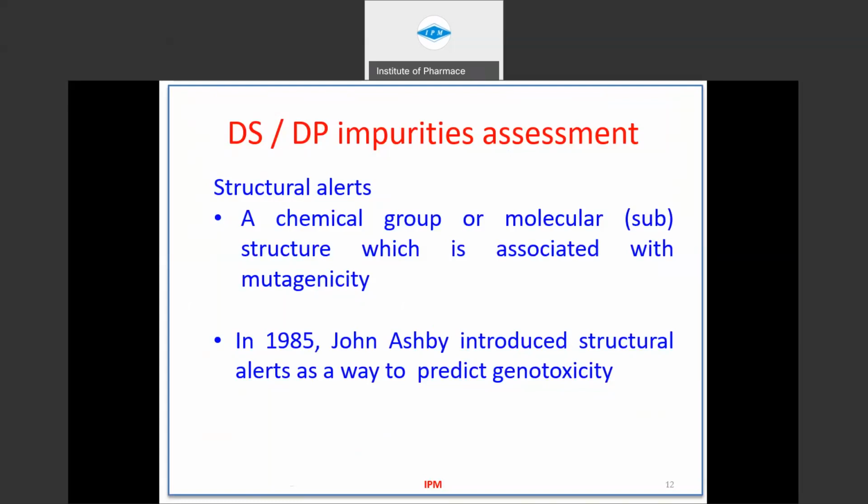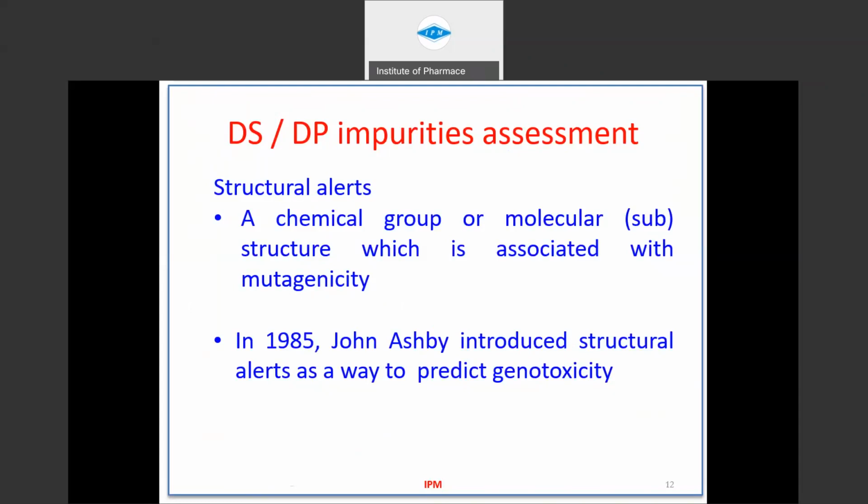Now, when we detail out all these impurities, if we look at the structure, there are certain alerts, which we'll see on next slide, which are those structural alerts. Those alerts indicate, or that substructure indicates, that it is likely to be, or it is a potential mutagenic impurity.